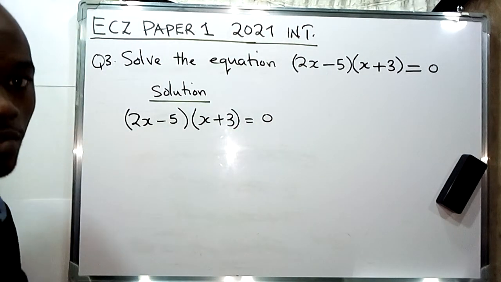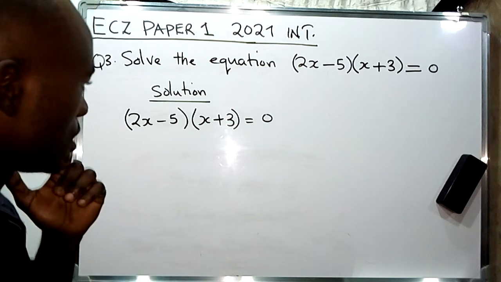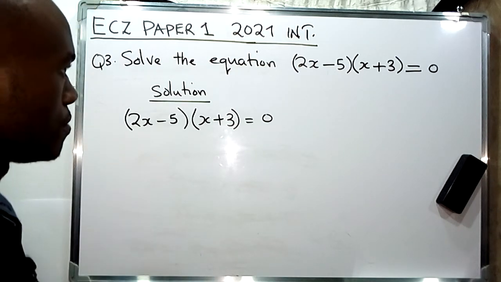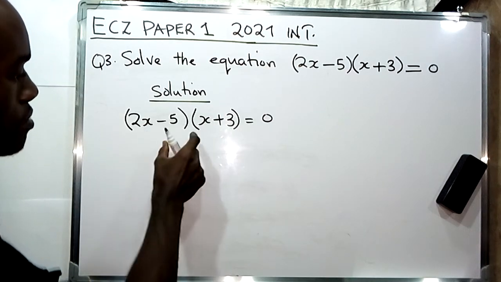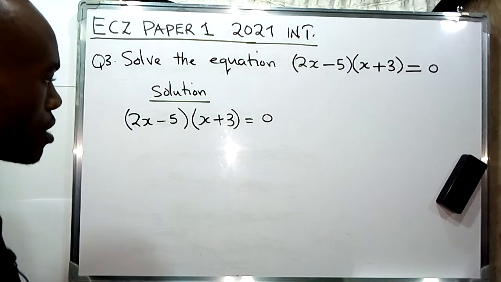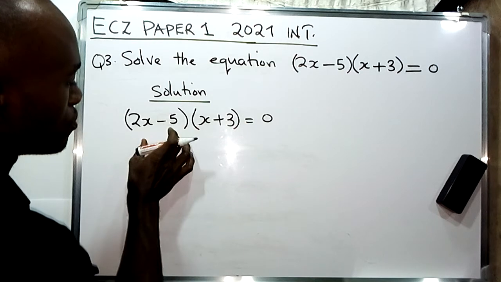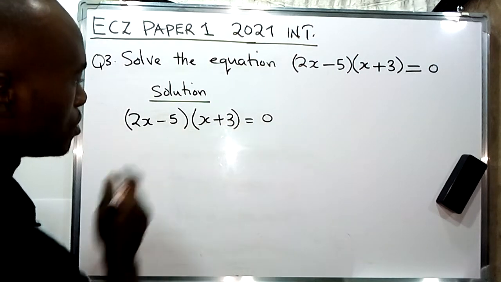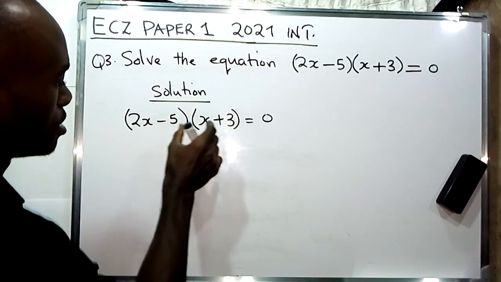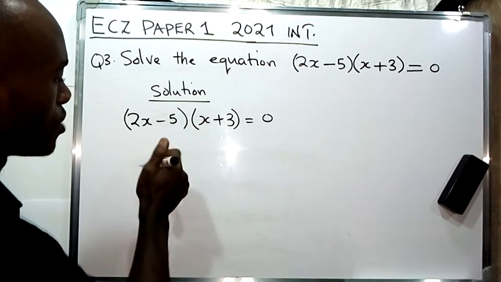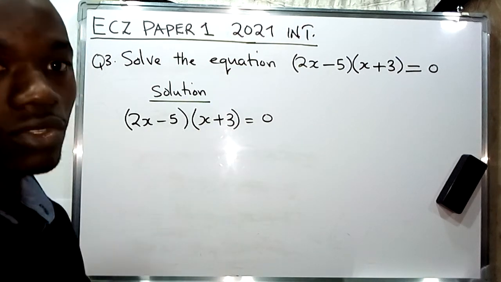There are different methods you can use to solve equations, but in this case, since we have the terms in brackets the way we have them, we are going to equate each of these brackets to 0. Why are we going to equate each of these brackets to 0? Because you can see this expression has already been factorized.